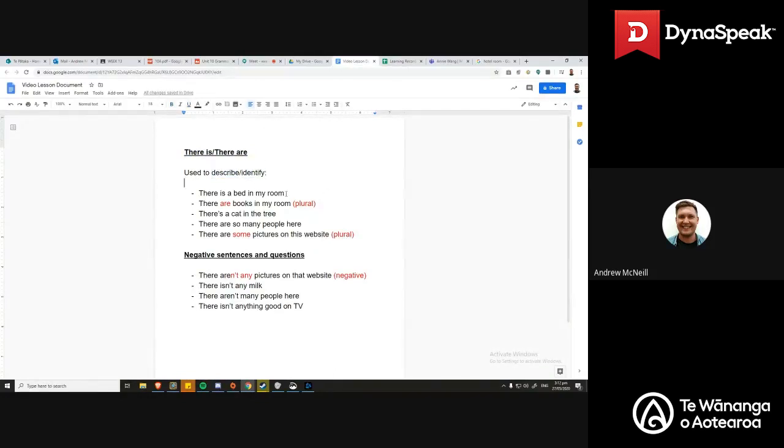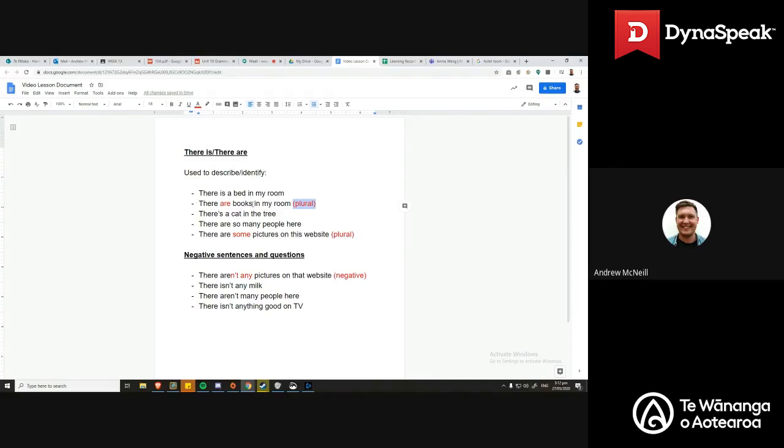So maybe if I am talking about my room, I would say there is a bed in my room, because in every bedroom there is usually a bed to sleep on. But maybe I want to talk about something and there is more than one. So when we talk about something that's more than one, we're talking about using a plural.